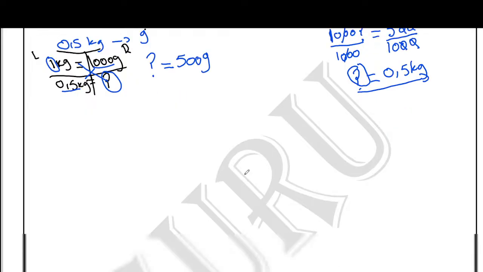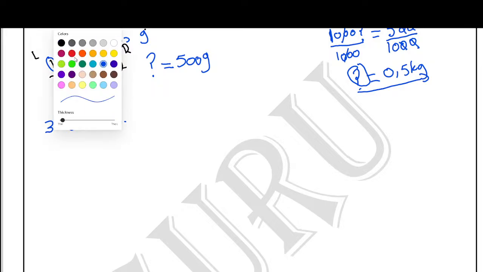So on volume, because I promised to show you how to work around with the metric system table, let's go again and do the volume. That is measurement number 3. Okay, volume. Let me change my pen again and make it red.